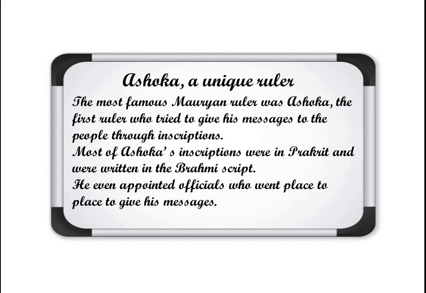Clear? So this is all about why Ashoka was the unique ruler. He was the first ruler who tried to give his messages through inscriptions. And the second thing, as I told you, he was the ruler in Indian history who stopped taking part in wars. Clear? He started the brotherhood after the Kalinga war, that we'll discuss.